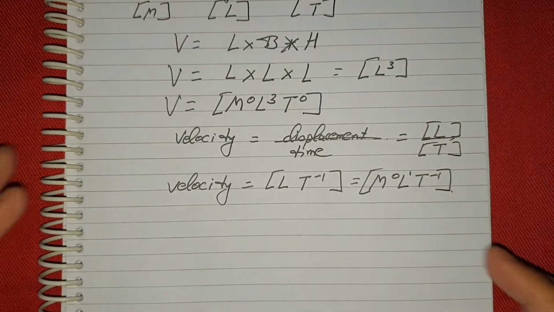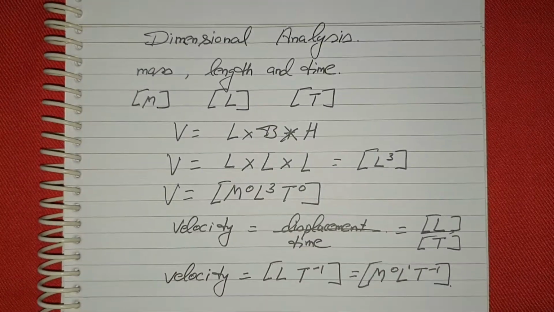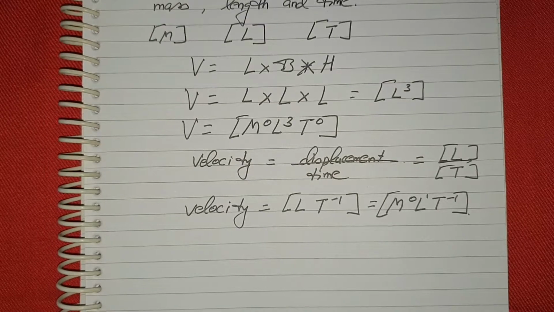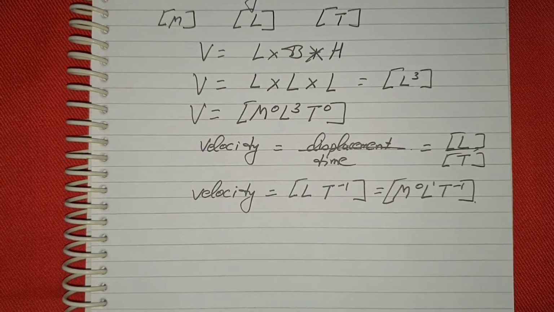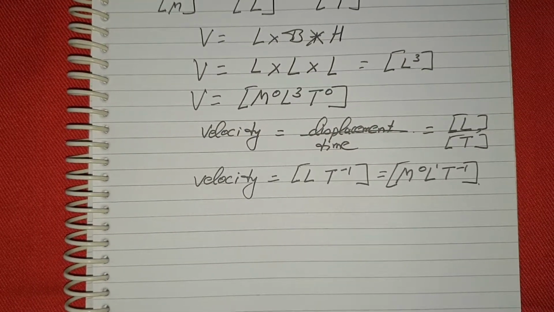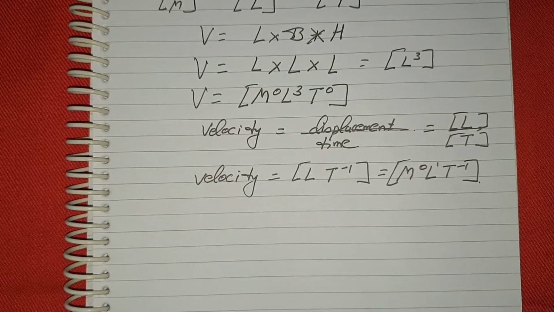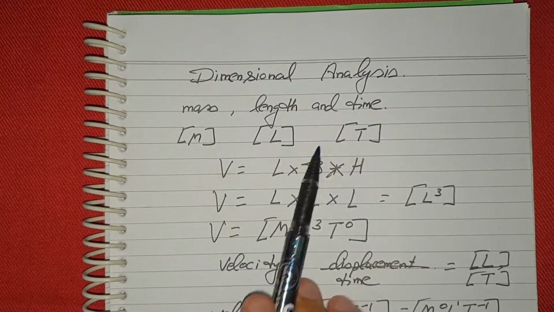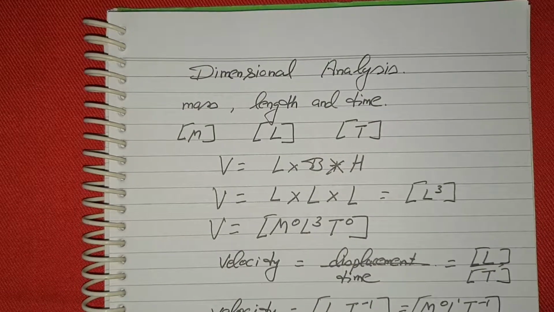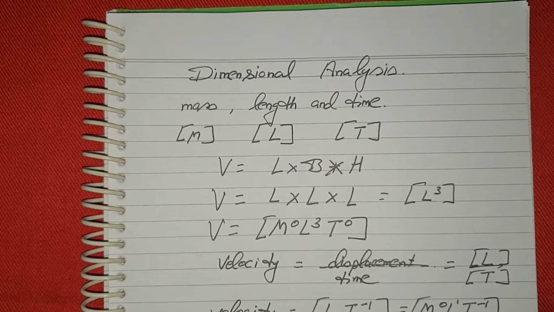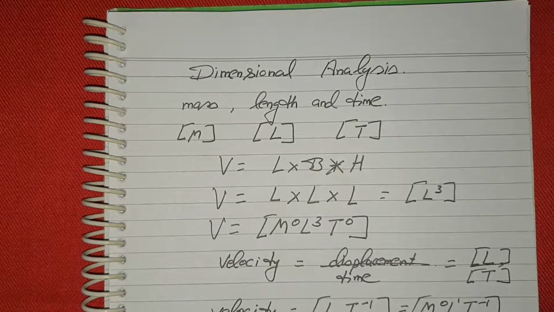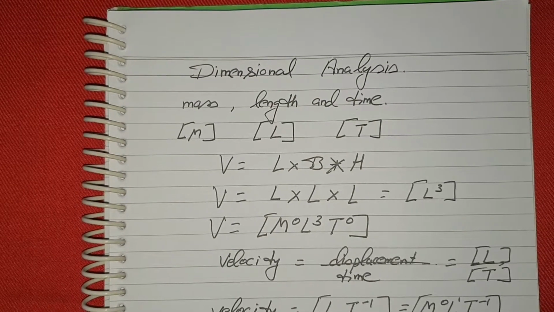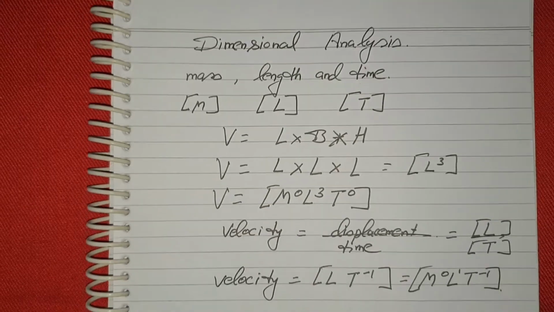So from all this dimensional analysis, now we can define dimensions. The dimensions of a physical quantity are the powers to which the fundamental units of mass, length and time have to be raised to derive the unit of the quantity.